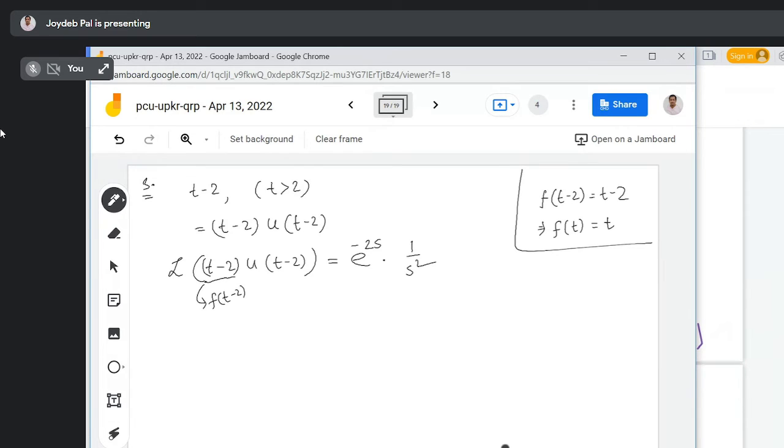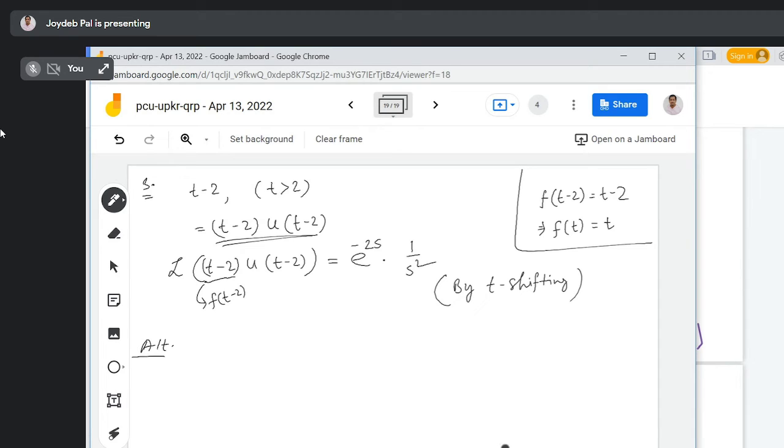And if you want, you can apply the modification rule also, no doubt. In that case, what will you have to do? That is by t shifting. To apply the modification, you have to separate it into two parts. This was the normal formula, the main formula, for f(t minus a) u(t minus a).